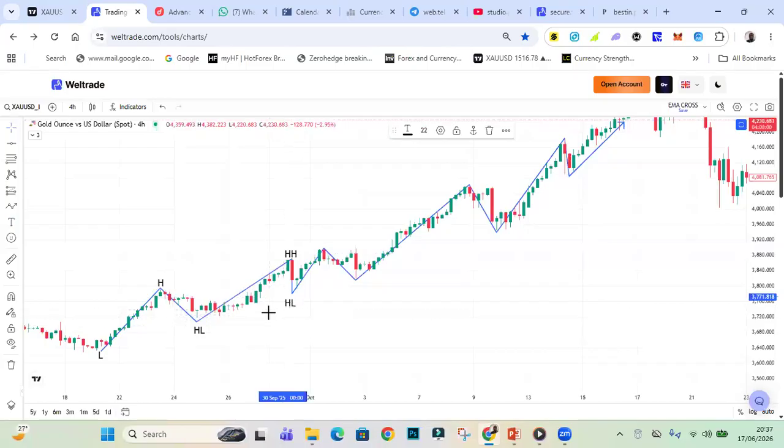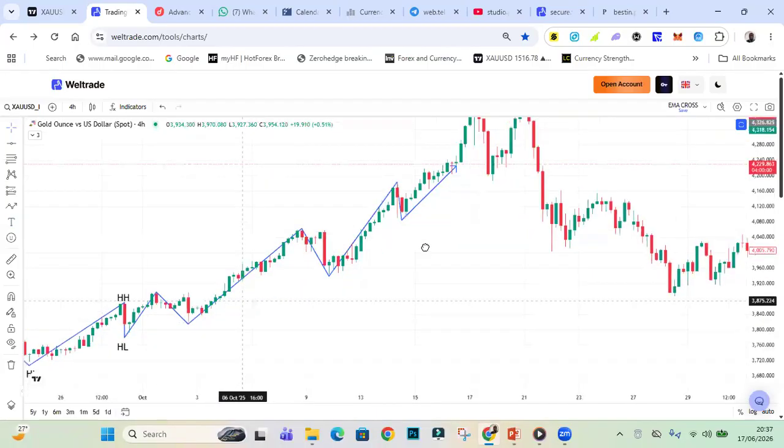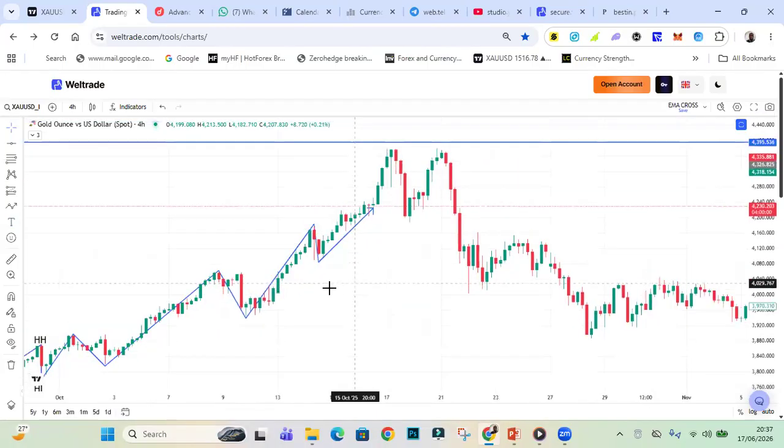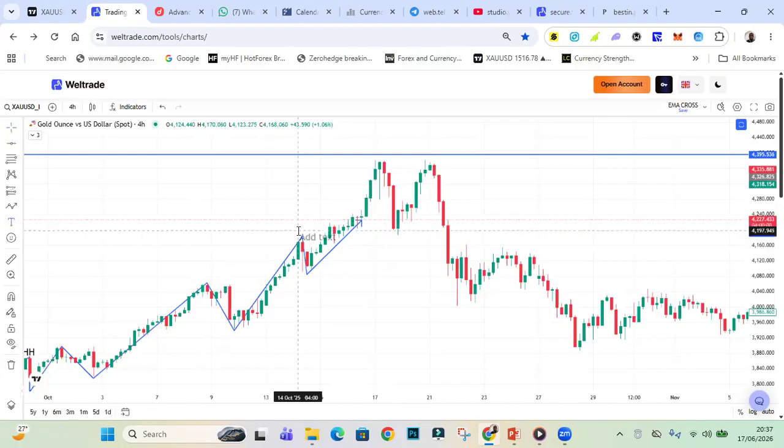It is a low that is higher than this low. So that's how you will have a series of higher highs, higher lows, higher highs in an uptrend. So now this one is a higher high, and this is a higher low.